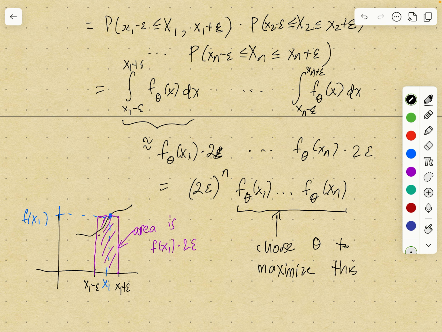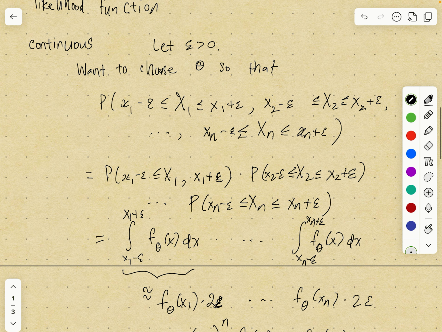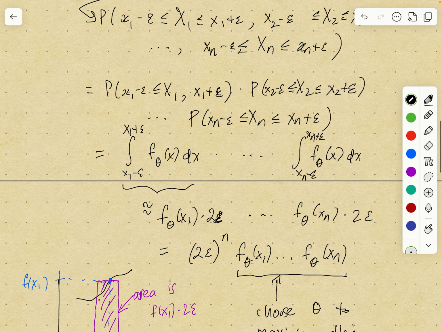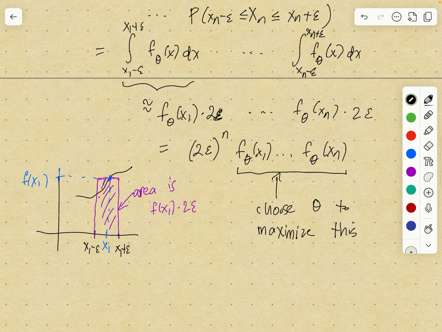Epsilon is fixed, so if you want to maximize this, you want to vary your theta, you want to choose your theta that maximizes this probability. Oops, I didn't write a complete sentence. So that this is maximized. This being this probability. Well, we want to choose theta so that f sub theta of x1 times dot dot dot times f sub theta of xn is maximized.